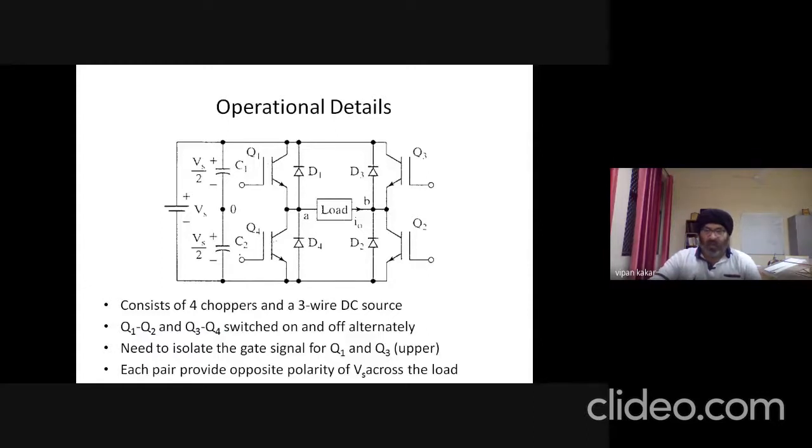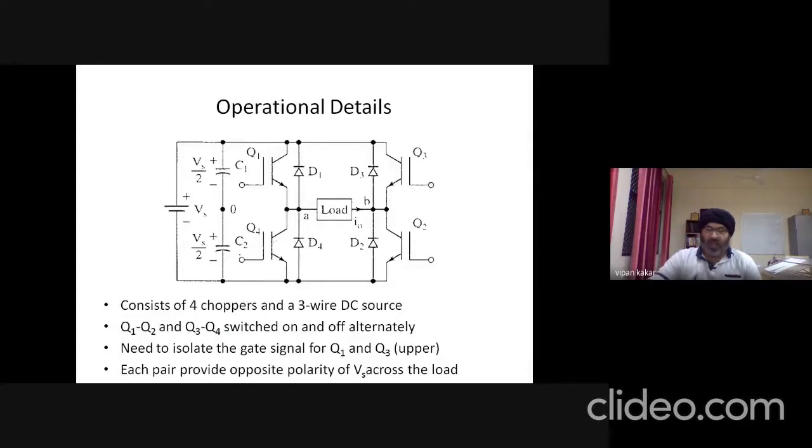Now Q1 and Q2 can be switched together, but not at the same time as the group of Q3 and Q4. Q1 and Q2 form one group, Q3 and Q4 form the second group. These two groups have to be switched on and off alternately.